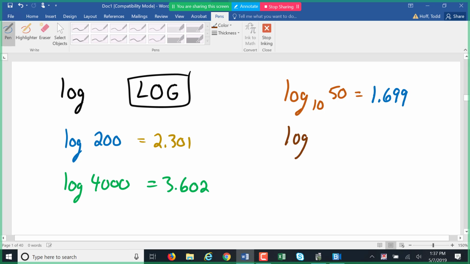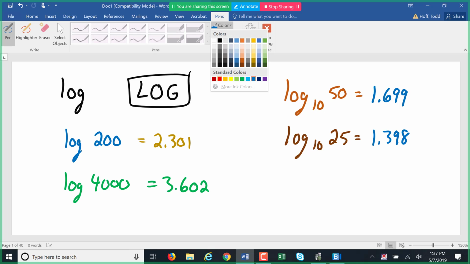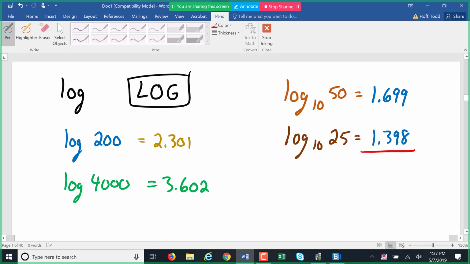How about log base 10 of 25? 1.398? If I subtract those two, the difference is 0.301. That doesn't seem significant quite yet.